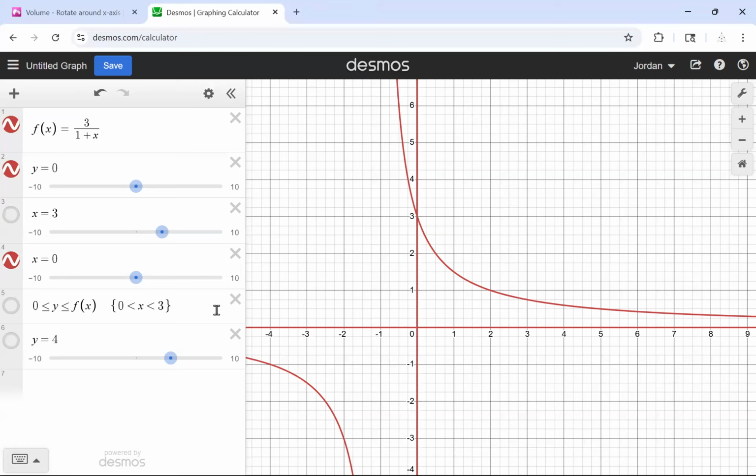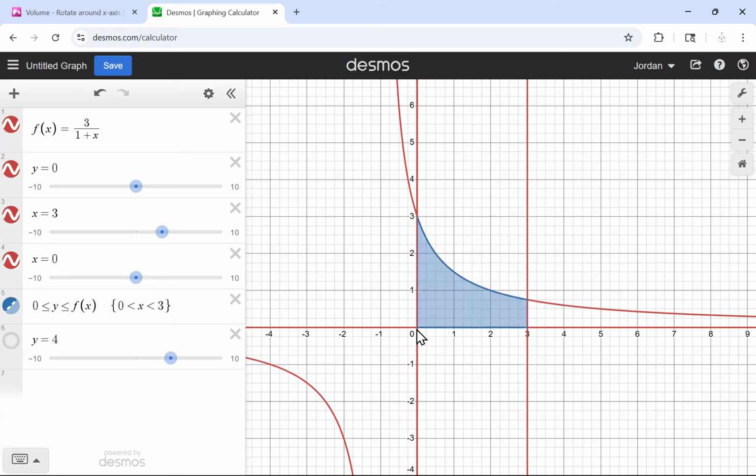When I graph x equals 0, that's the y-axis. And then when I graph x equals 3, that's a vertical line right here. Now, the only bounded region with all four of these sides bounding the perimeter is this one in here.